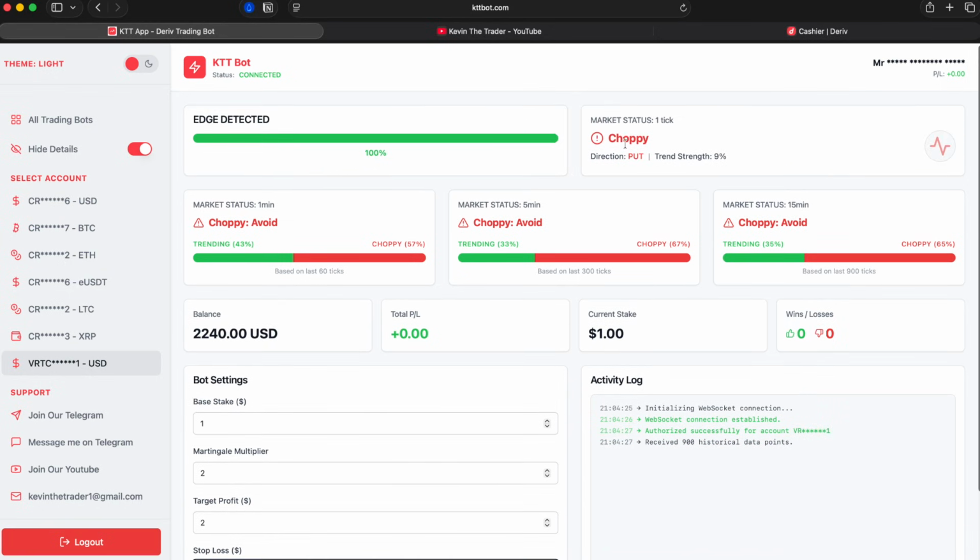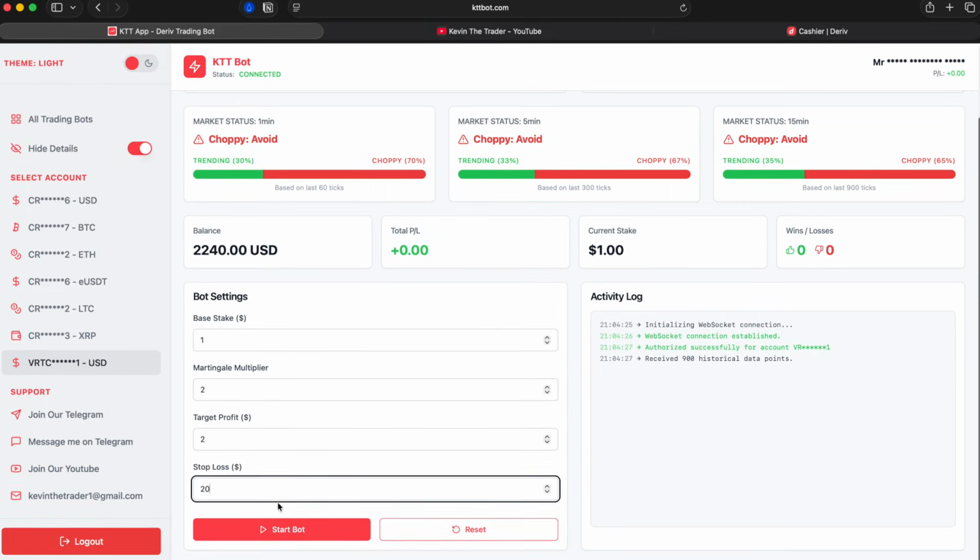As you can see now, the market is choppy. Here is above 30%, this is above 30%, and this is above 30%. So we are waiting here to go into a trend before we take a trade. We are waiting for a trend, then we take a trade.